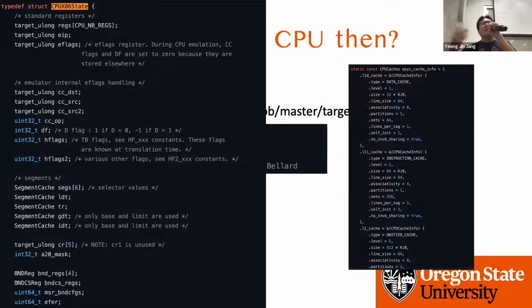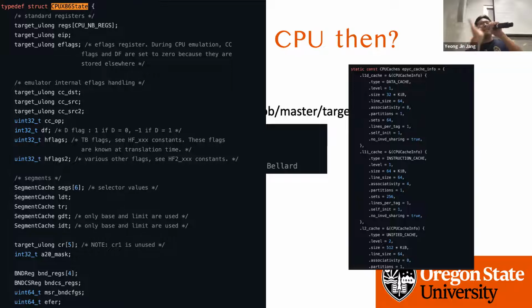And to replicate the environment more correctly, QEMU engineers also developed the L1, L2 cache virtually inside, so that their virtual CPU can expose some of the internal behaviors of the CPU similar to the real one.